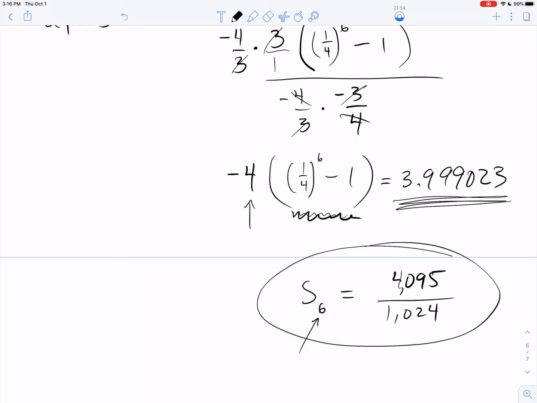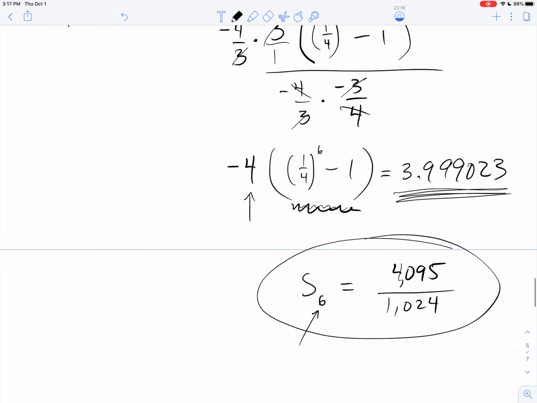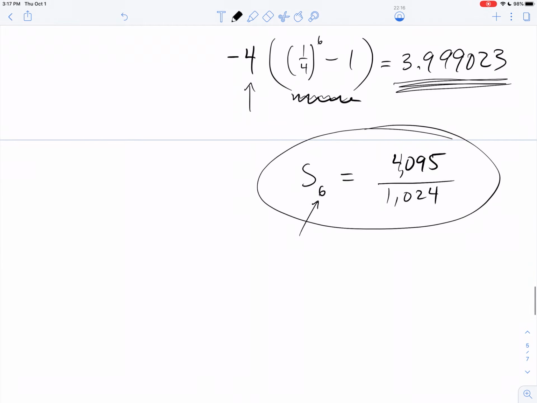So let's just talk about what is actually happening with our numbers. You might find yourself in this position where you're trying to write your answer as a fraction, and your calculator leaves you high and dry. But don't fret. You know how to think. A calculator does not.